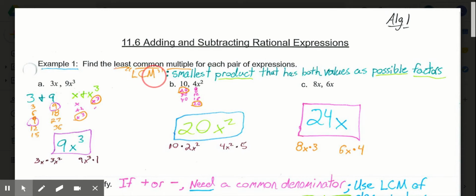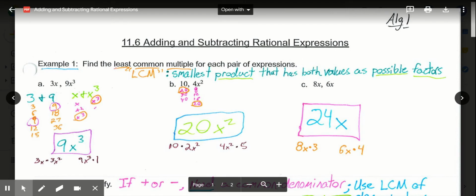So the least common multiple is the smallest product where both values we were given, 3x and 9x cubed, are possible factors. In this case, 9, the smallest multiple out in front, and x cubed is our LCM. So for 3x and 9x cubed, the least common multiple is 9x cubed.